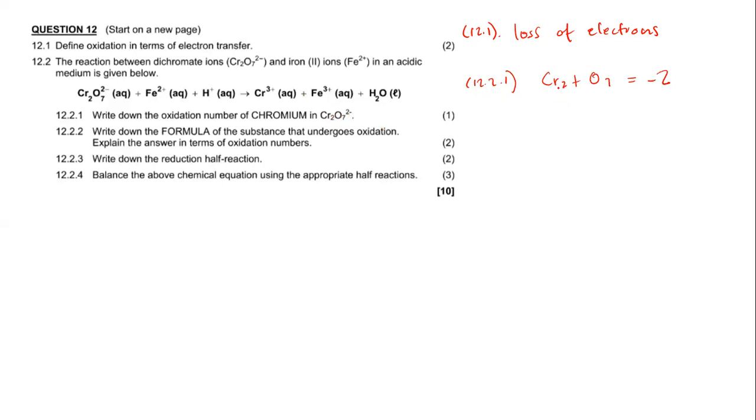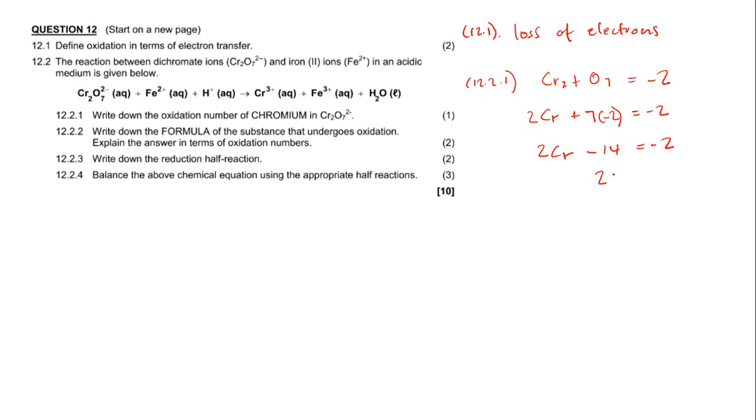Now we take these two as a coefficient for Cr, which is what we are looking for, and 7 as the coefficient for oxygen. What is the oxidation number for oxygen? It's -2, we all know that, right? So 2Cr plus 7 multiplied by -2, which is -14, is equal to -2.